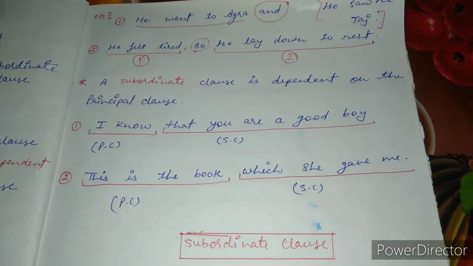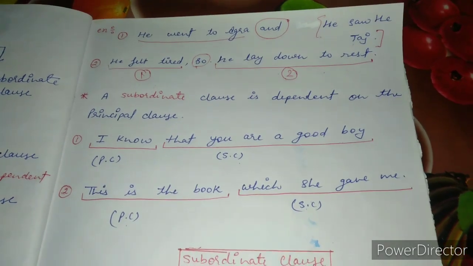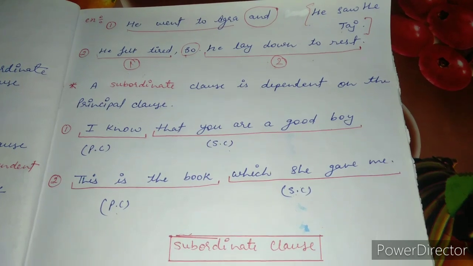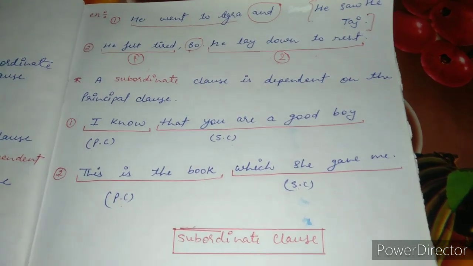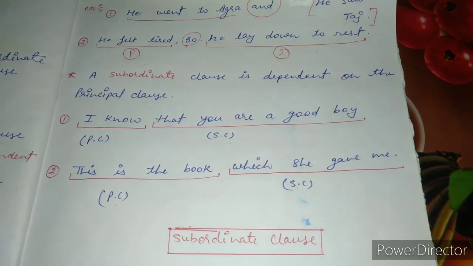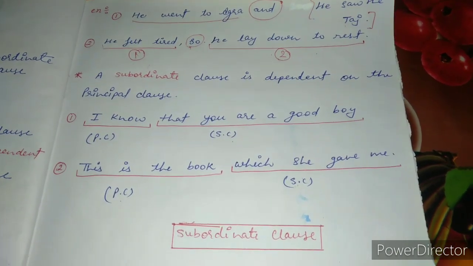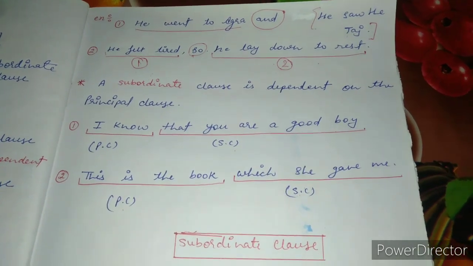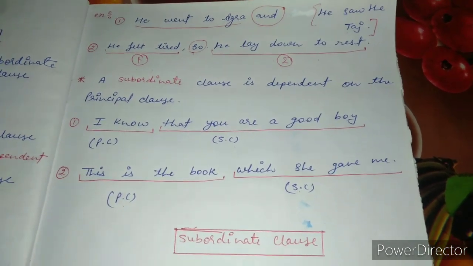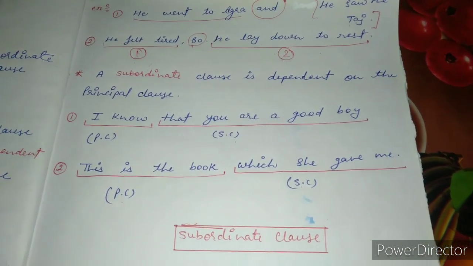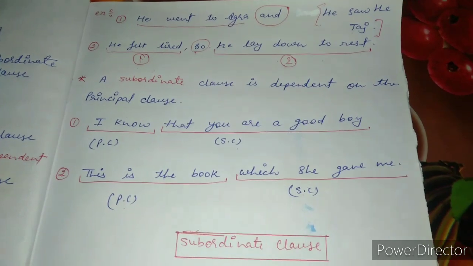So this was the explanation of principal clause, coordinate clause and subordinate clause individually. We have to start noun clause, adjective clause and adverb clause. I have explained all these clauses individually because I want you to understand from where these clauses have come into existence.